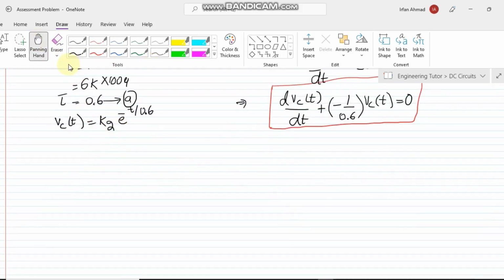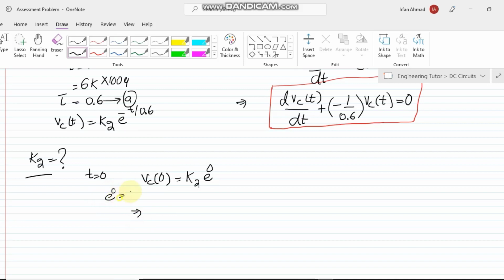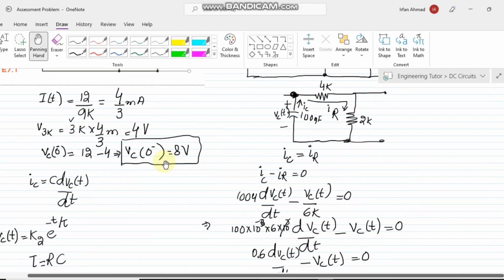Now in order to find the value of K2, which is the constant here and we don't know it, let me put t equal to 0. Putting t equal to 0, this will become VC(0), and similarly K2 exponential of 0. As exponential of 0 is 1, VC(0) will be equal to K2. As we already know the value of VC(0), which we found at the instant when the switch was not opened, that was 8 volts.